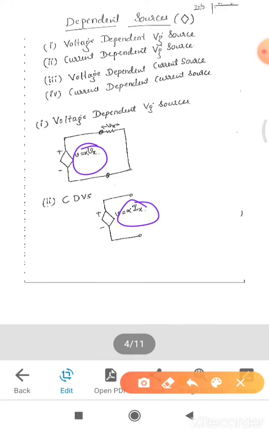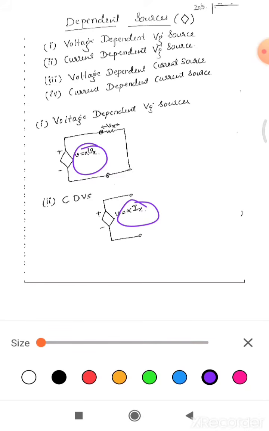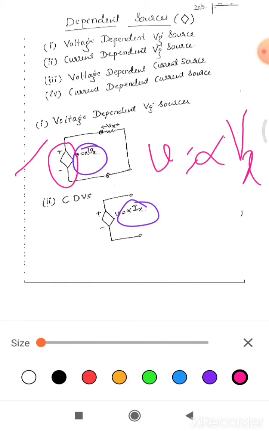Now observe, this is indicated as a rhombus with a positive and negative, therefore it is a voltage source. But on what is it dependent? It is V equal to some magnitude, say alpha into Vx. Alpha is the magnitude, and Vx means this voltage is dependent on some voltage called Vx in the circuit.